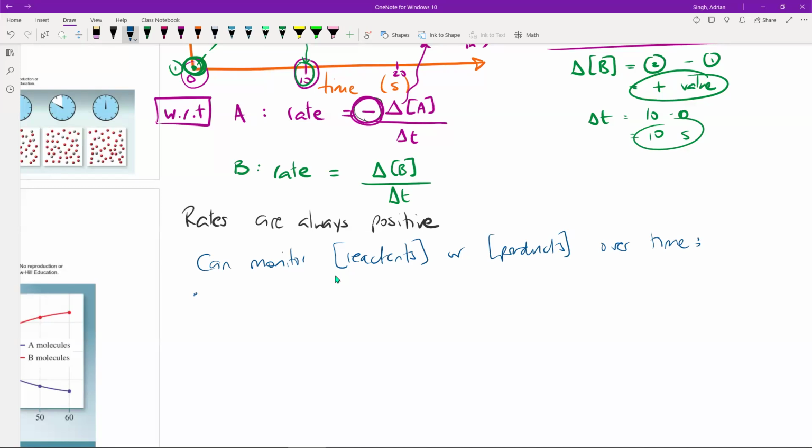If your reaction has a certain color associated with it, we can use a spectrophotometer, for instance, very similar to the one that you either have used or you will be using in the lab, or just simply a colorimeter.